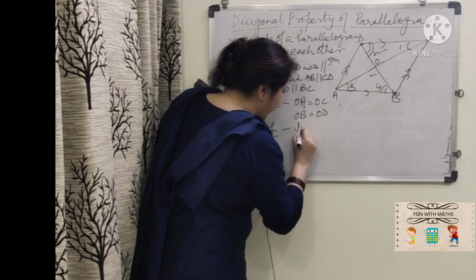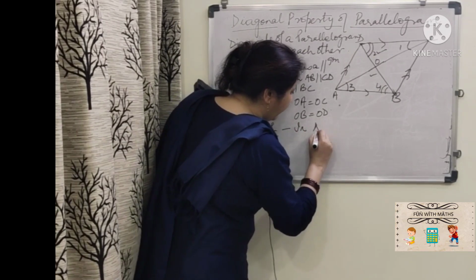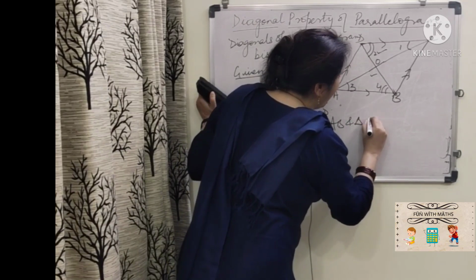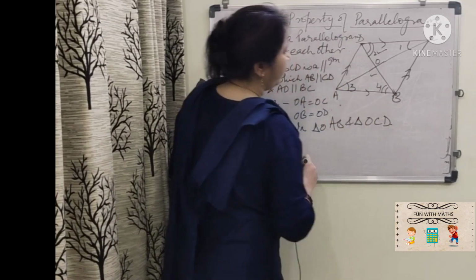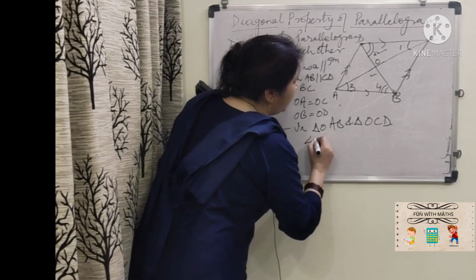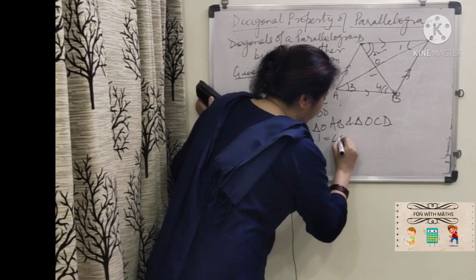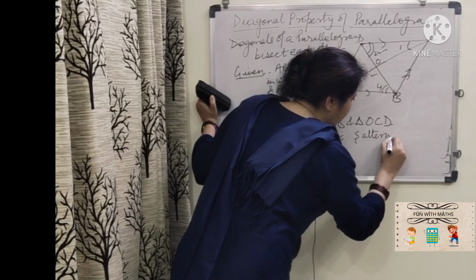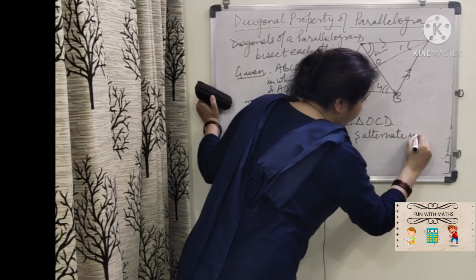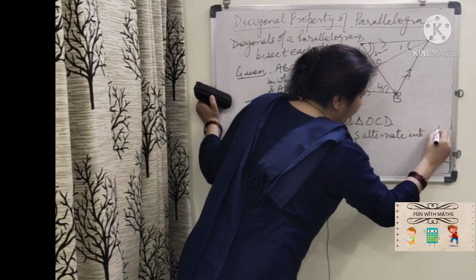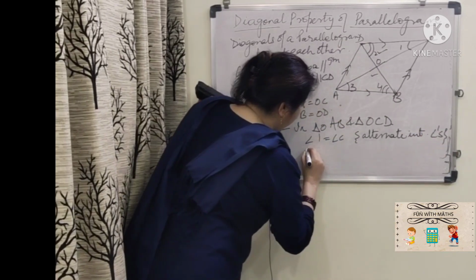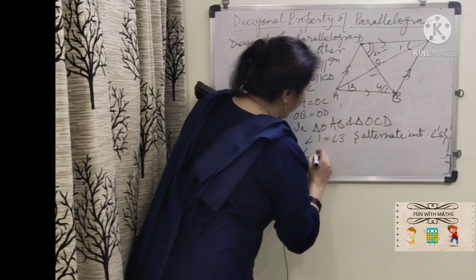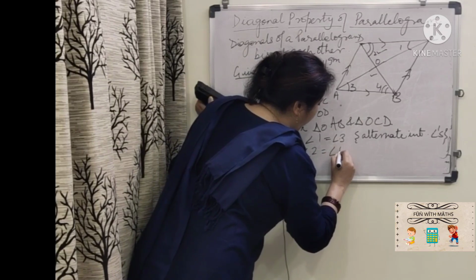In triangle OAB and triangle OCD, we will write angle 1 is equals to angle 3, alternate interior angles. Angle 2 is equals to angle 4.